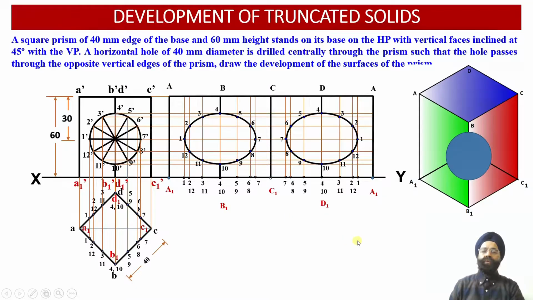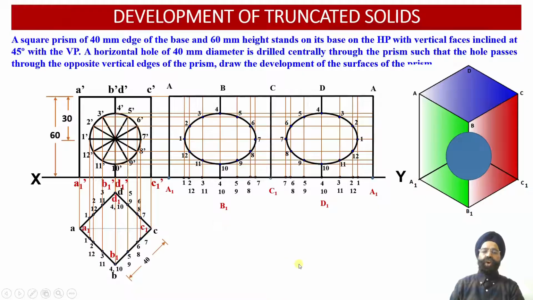So now, using the principles of the parallel line development method, we have been able to obtain the development of the square prism, when the square prism has all the 4 vertical faces inclined at an angle of 45 degrees with respect to the vertical plane, and there is a circular hole drilled centrally through this square prism, and the diameter of this hole is equal to 40 millimeter.